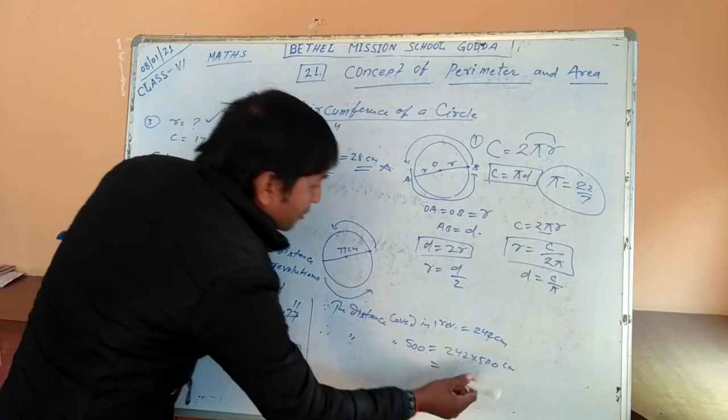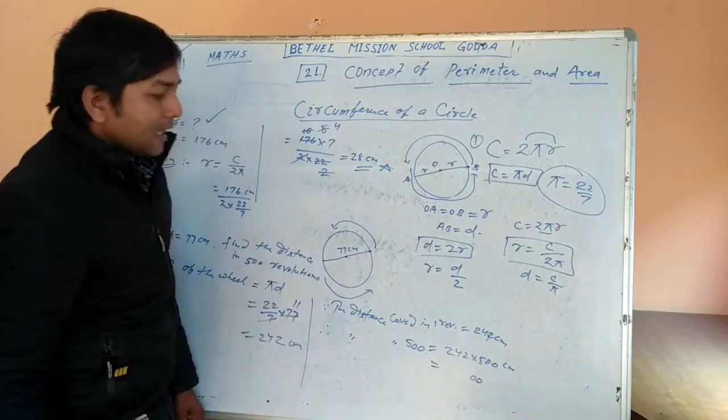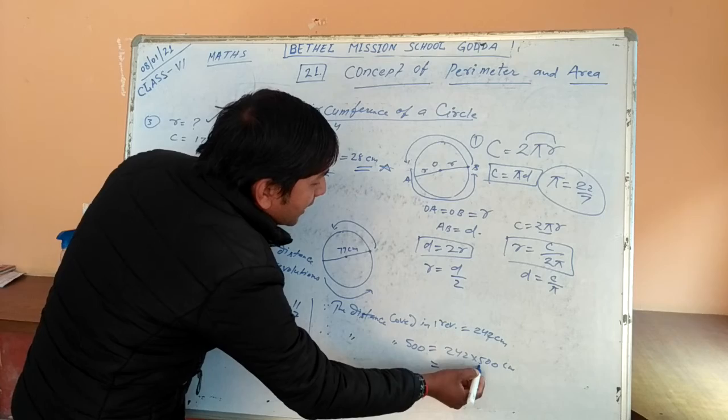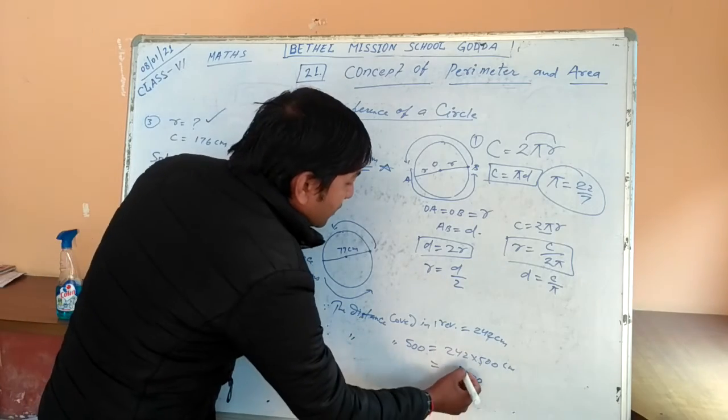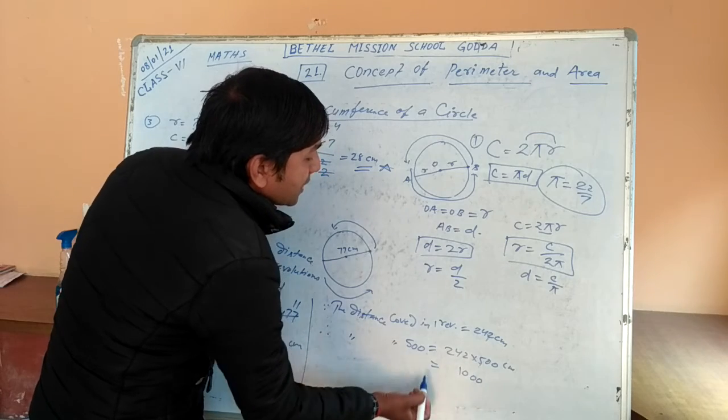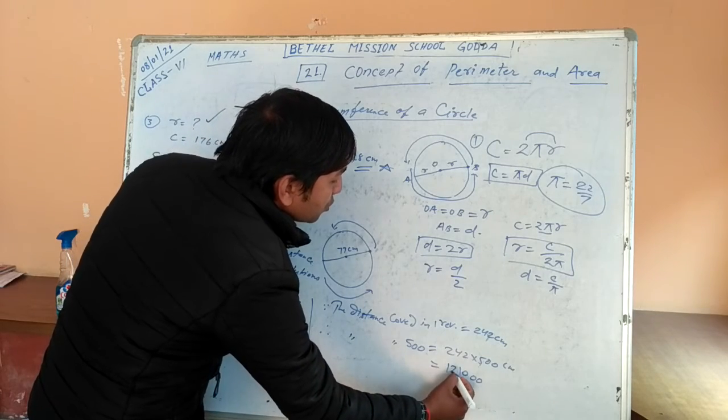Okay, 20. And now 5 multiply by 5. 5 twos are 10, 5 fours are 20 and 1, 21, and 5 ones are 5, 10, and 2, 12.